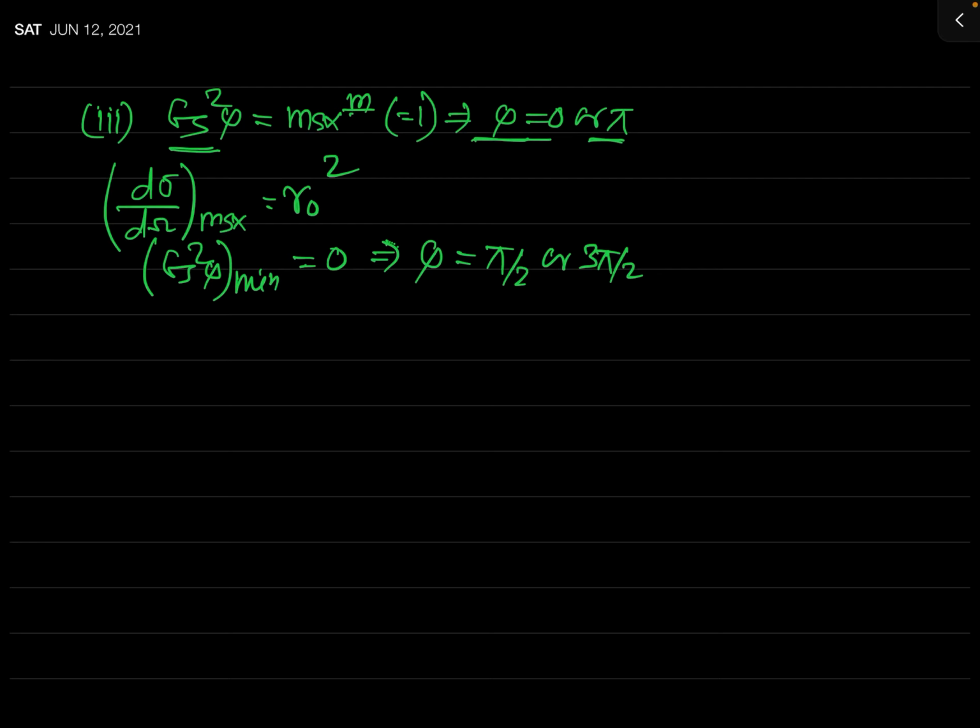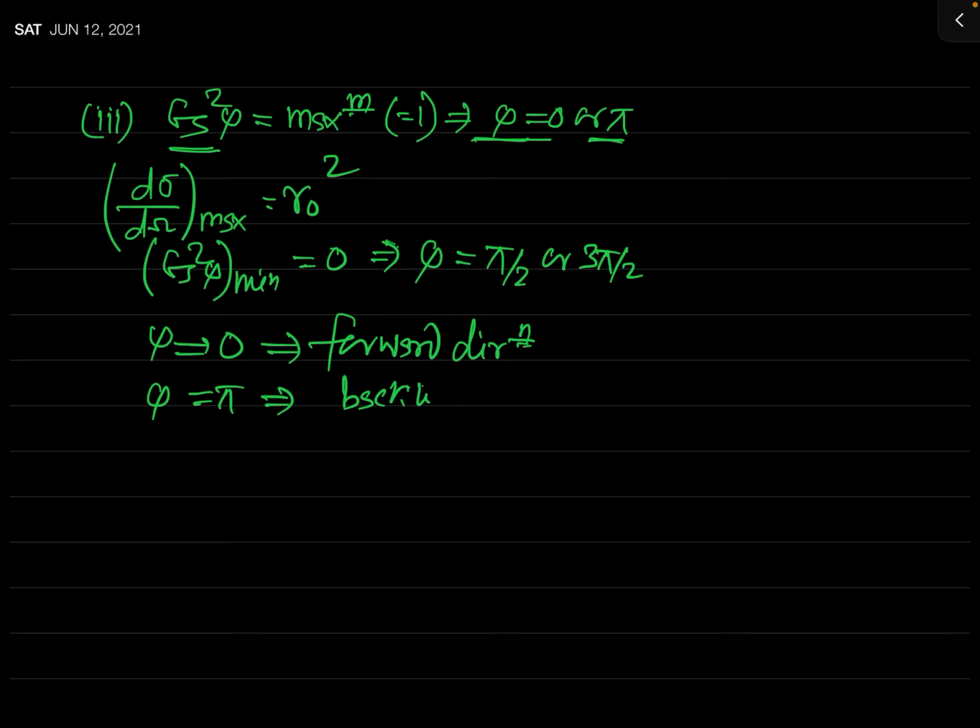So the scattering in forward direction, when you say phi equal to 0, it means forward direction. And phi equal to pi means backward direction.